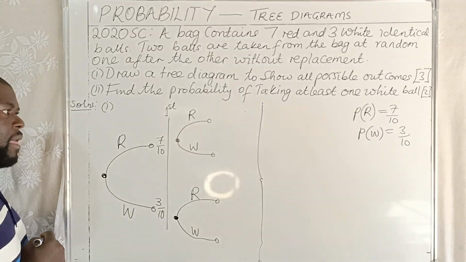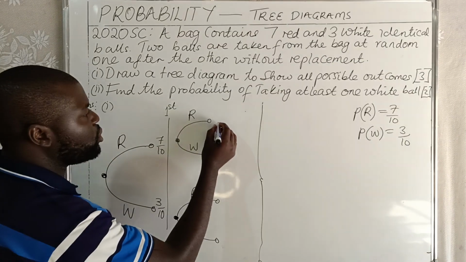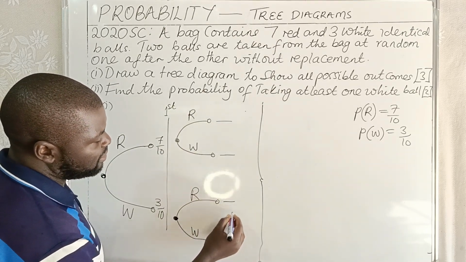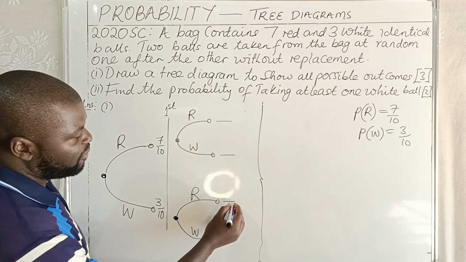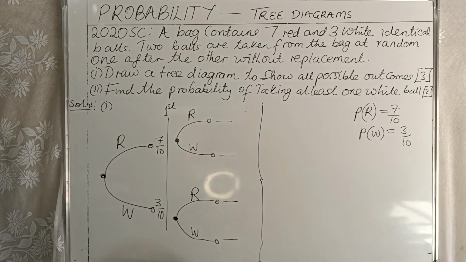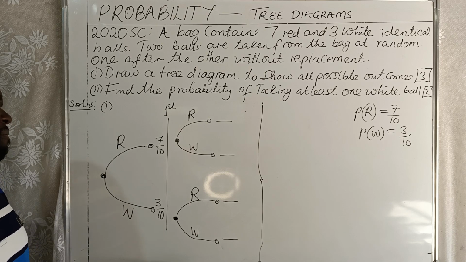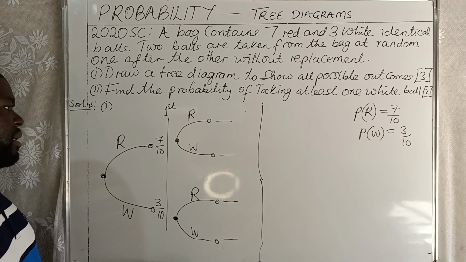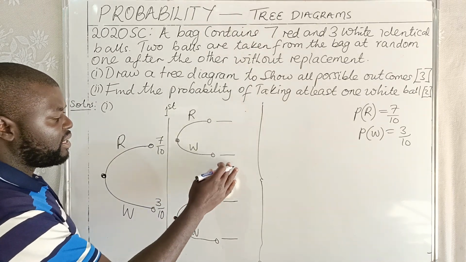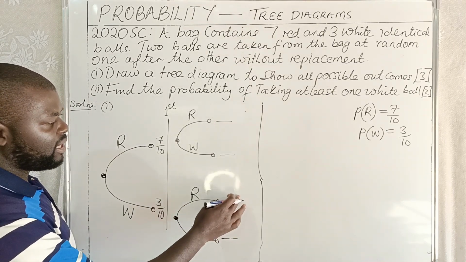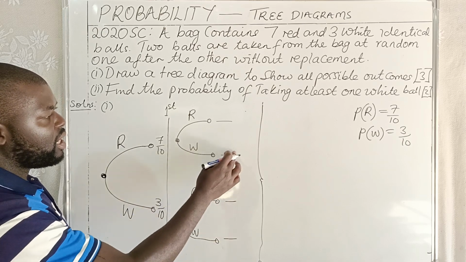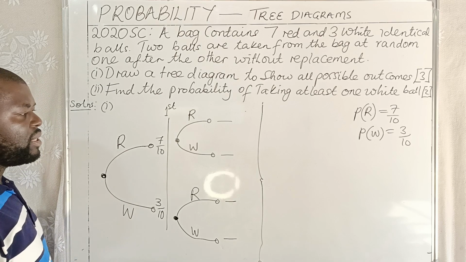We are also going to write down the individual probabilities of each one of the second set of branches. First of all, we are going to start by writing down the denominator for the second set. We need to know how to write the denominator.